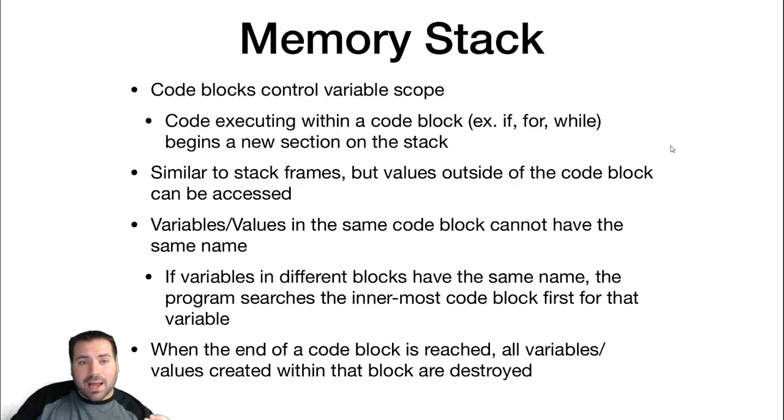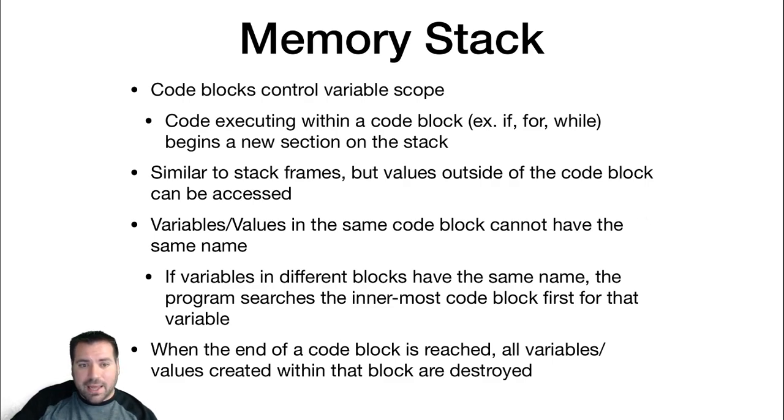In a code block, we can still access variables in the same stack frame that are outside of that code block. So inside an if statement, you can still access variables that were created outside of that if statement. But there are some differences between those variables in and outside of the currently executing code block.